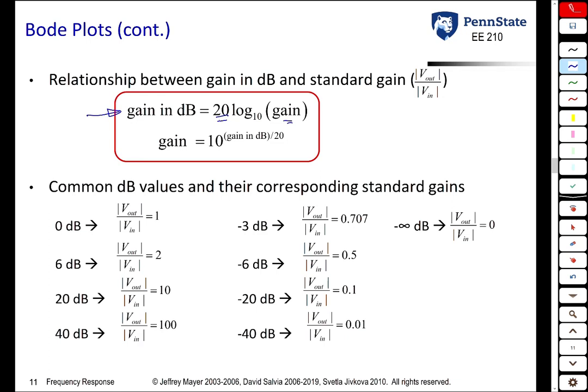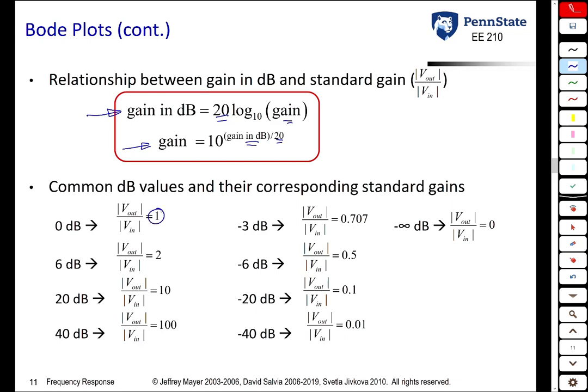We can then invert that equation to get the second one. If you have the gain in dB, the way to get the standard gain is you divide by 20, then take 10 to that ratio, and that gives us our standard gain. So from these two equations, we can now find these relationships between traditional gain and gain in dB.